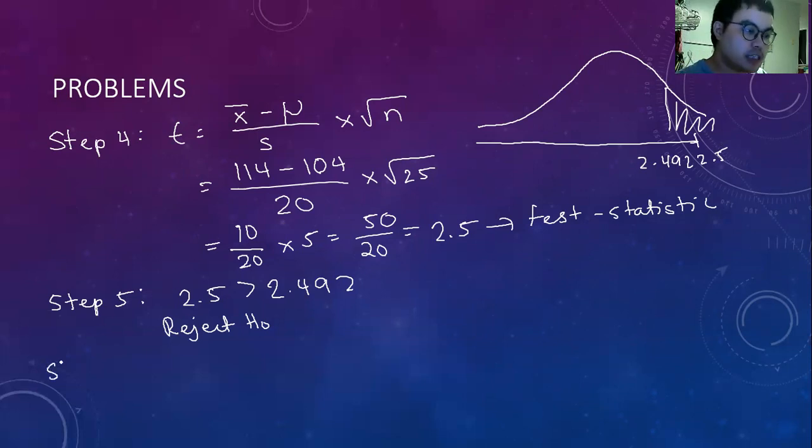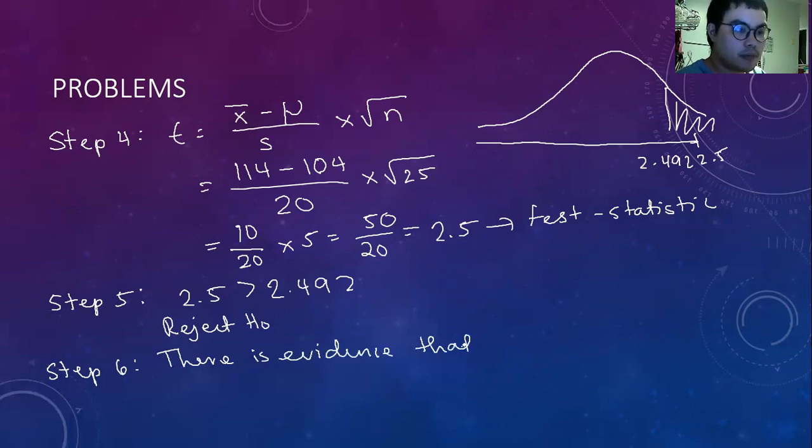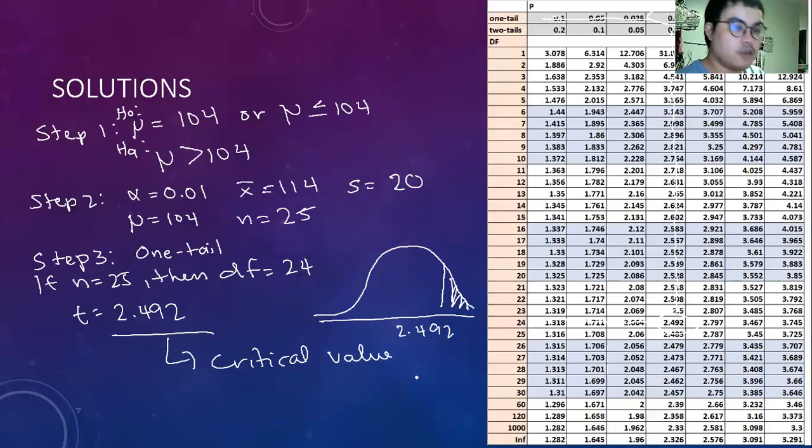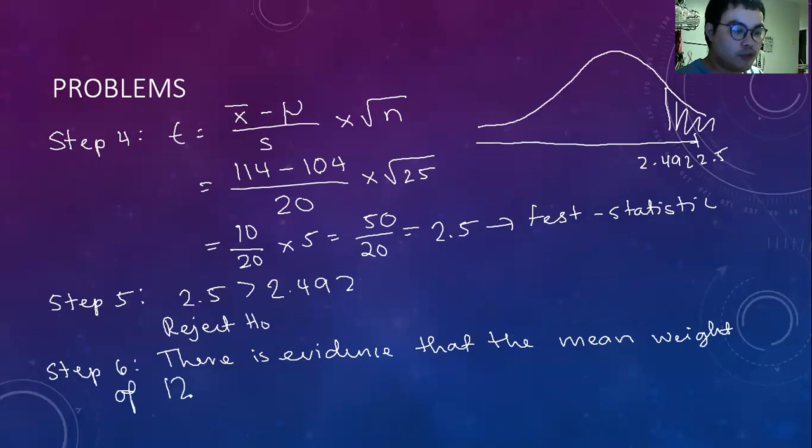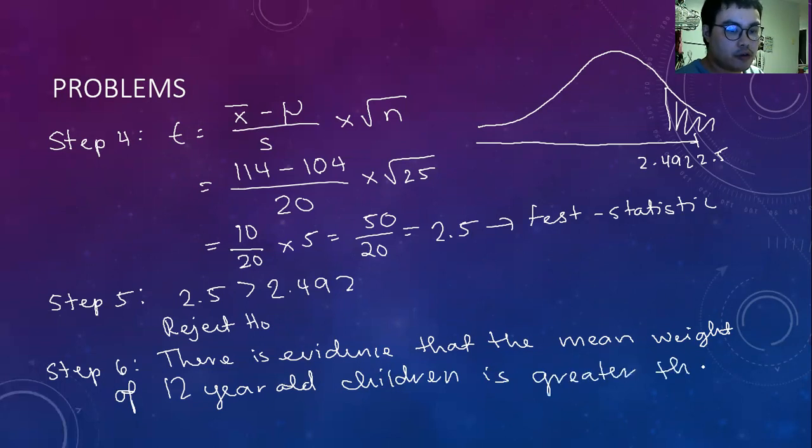So in step 6, we can interpret that there is evidence that the mean weight of 12-year-old children is greater than 104.